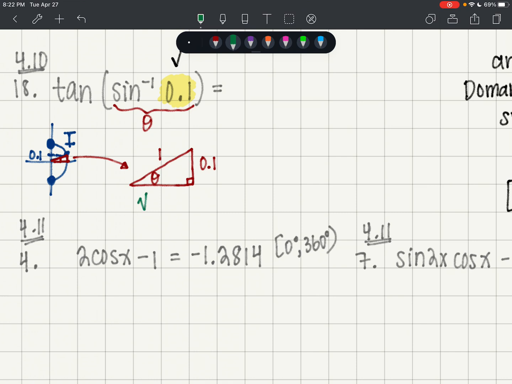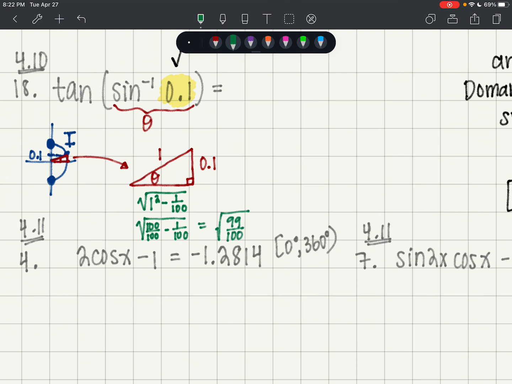This missing side length is going to be the square root of 1 squared minus 1/10 squared, which is 1 over 100. So 1 squared minus 1 over 100, that's the same thing as 100 over 100 minus 1 over 100, which is the square root of 99 over 100.